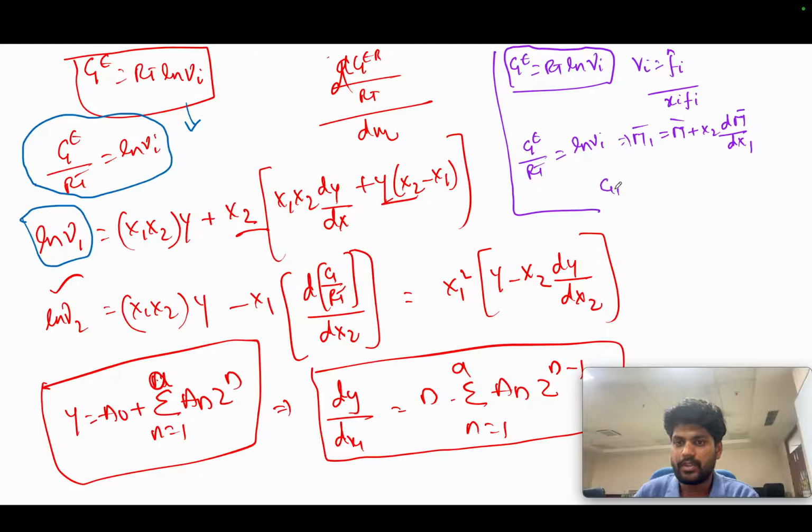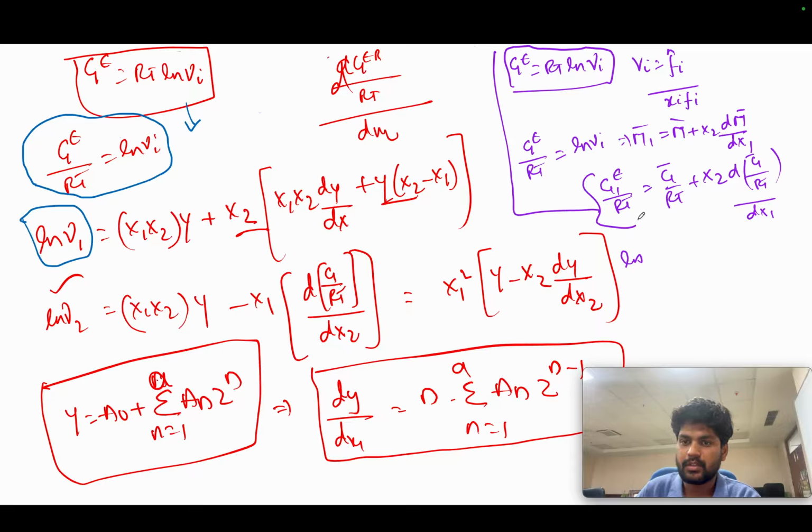So from this we get x1 x2 y plus x2 into x1 x2 y. This is the equation we are talking about here.